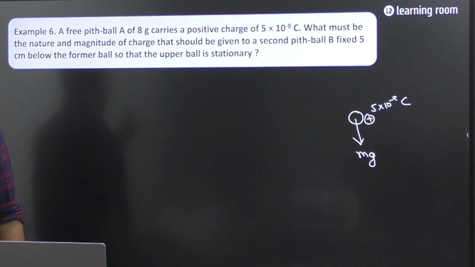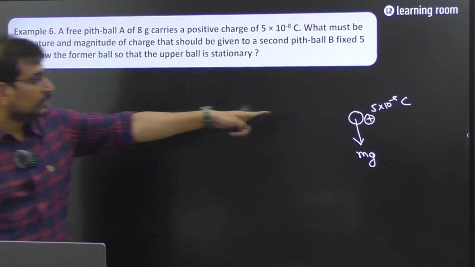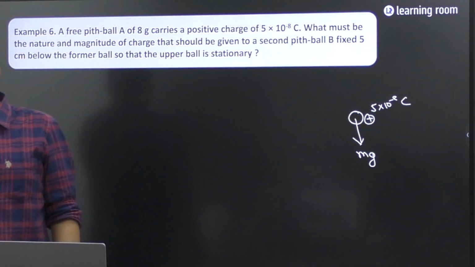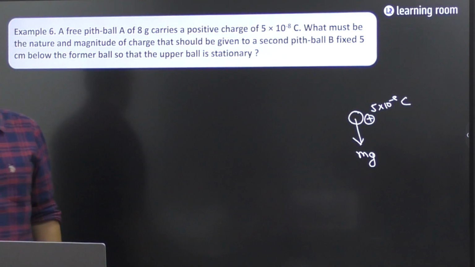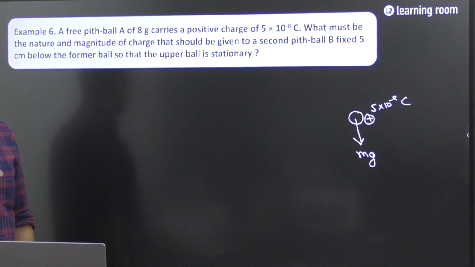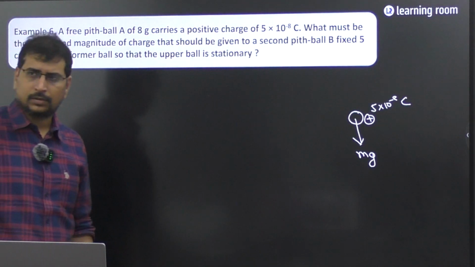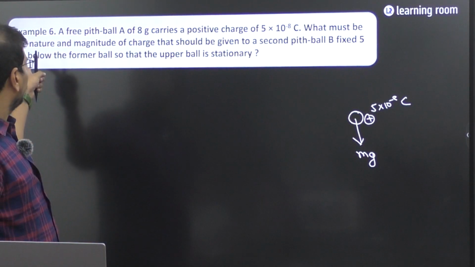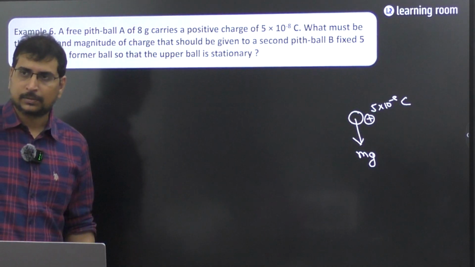You need to place it below this in such a way that this ball is stationary, means it is hanging in the middle. Need not be equal. If it should have been equal, this 5 centimeter makes no sense.